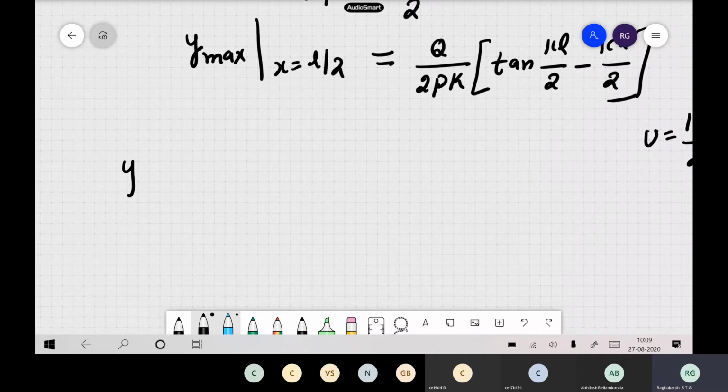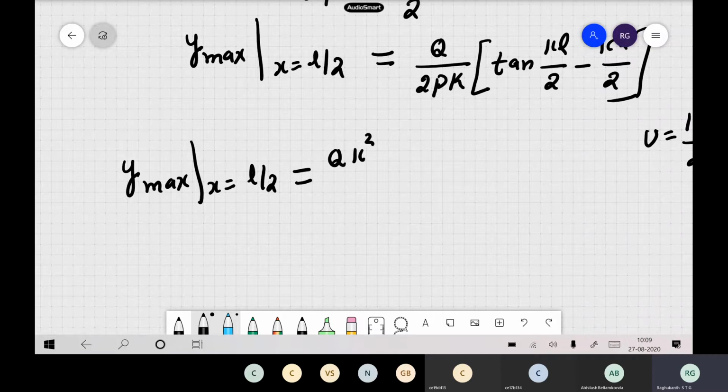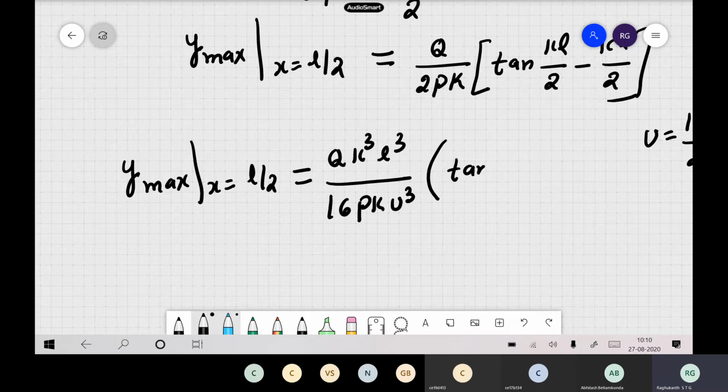So you can write this expression as y max at x is equal to L by 2, and substituting all other terms, you can also write it as q into k cube L cube by 16 Pk u cube, multiplied by tan kL by 2 minus kL by 2.